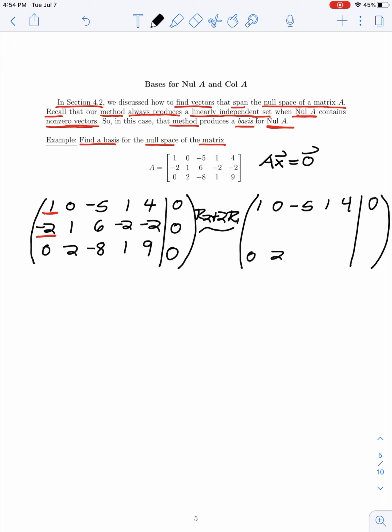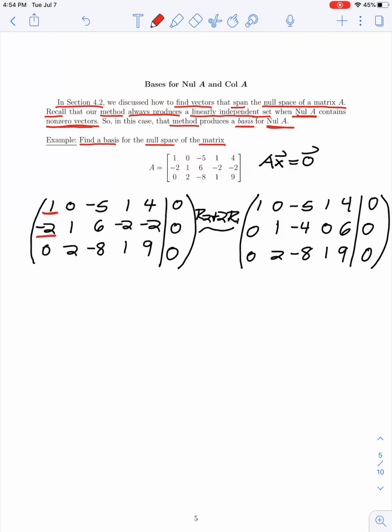And my third row, I'm going to leave alone in this step. And performing this operation, my second row becomes 0, 1, -4, 0, and let's see, 6 minus 2 is 4, and 0 plus 0 is 0.